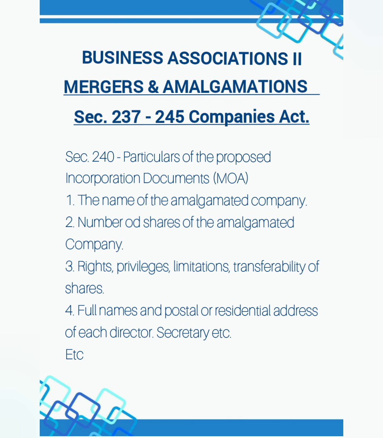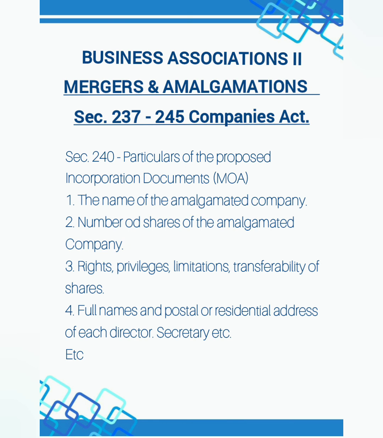It shall state the name of the amalgamated company, the share structure, the number of shares, the rights, privileges, and limitations, full names, postal and residential addresses of each director. Are we together? Registered office of the amalgamated company, the place where the amalgamated company records are to be kept, the amalgamated company's accounting reference date, among others. Are we together?